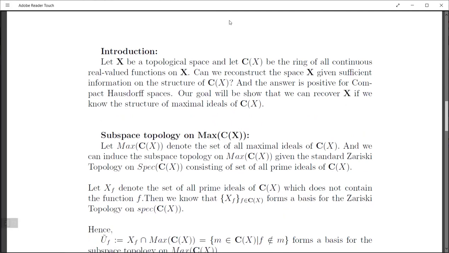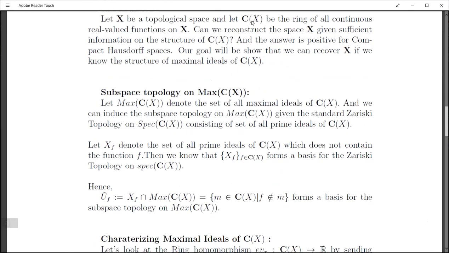So first, let's recall the subspace topology on the maximal spectrum of C(X). So we define this Zariski topology on the whole spectrum, that is the set of all prime ideals of this C(X). So you restrict that topology to the subspace maximal spectrum of C(X).